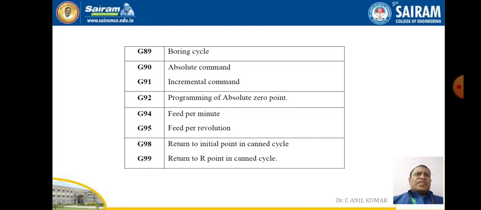G92 refers to the programming absolute zero point. G94 refers to feed per minute, and G95 refers to feed per revolution. G98 refers to return to the initial point in the canned cycle, and G99 is return to the R point in the canned cycle.